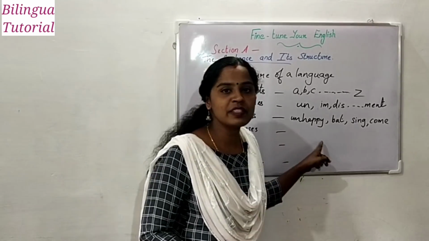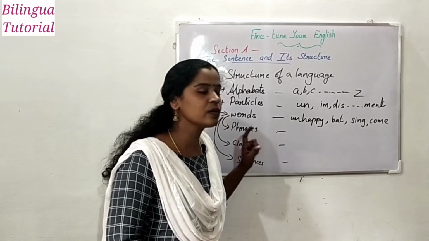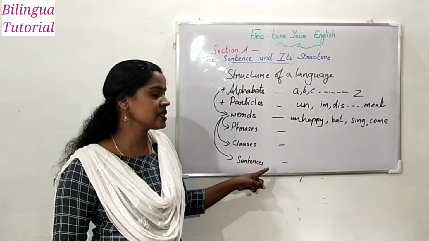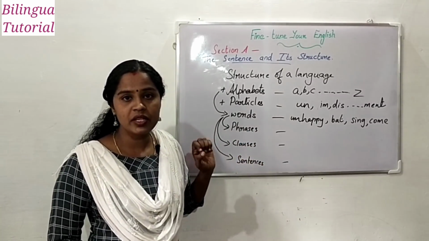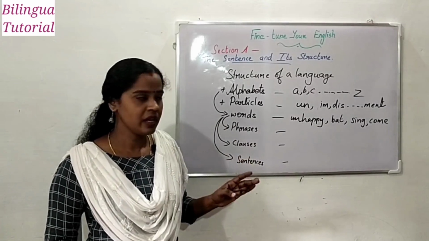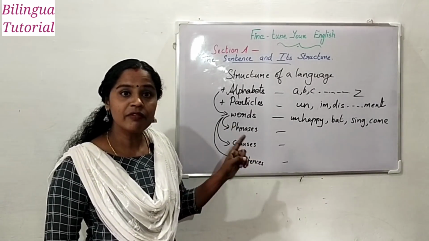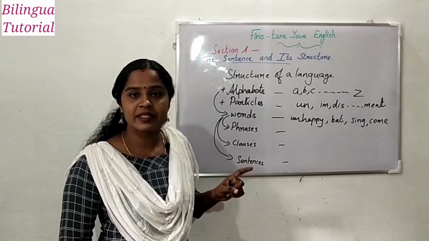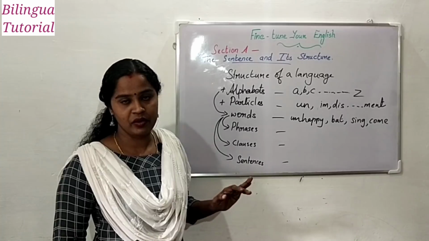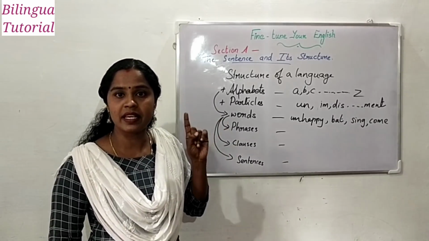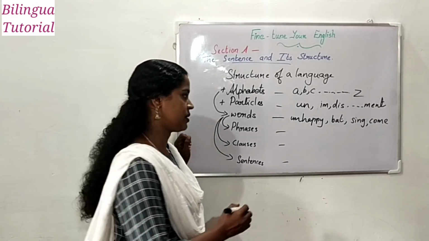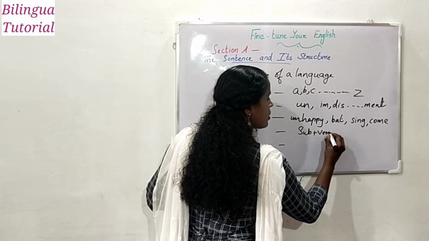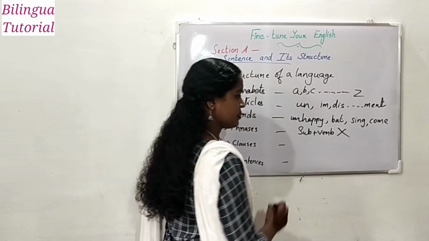But what is the difference between phrase, clause and a sentence? Phrases, clauses and sentences are combination of words. There is no doubt. And what is its difference? Difference is, for a phrase, there won't be subject-verb agreement. Subject plus verb won't be there.